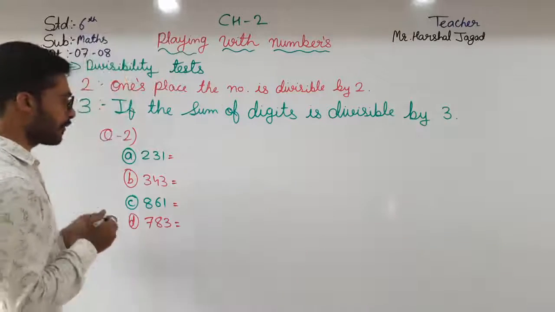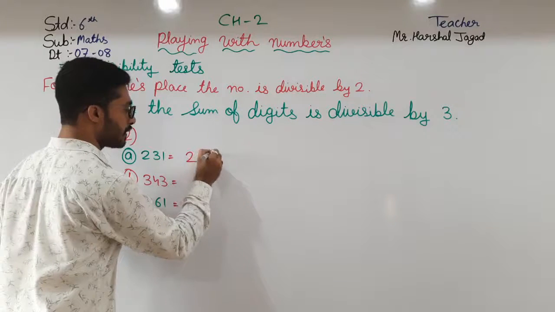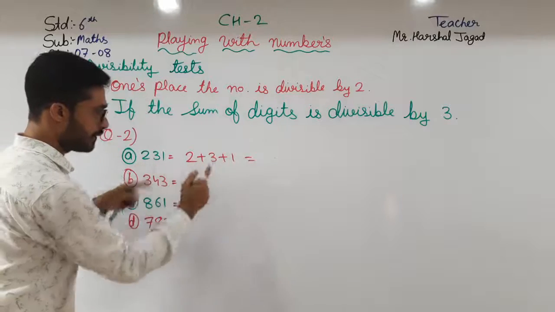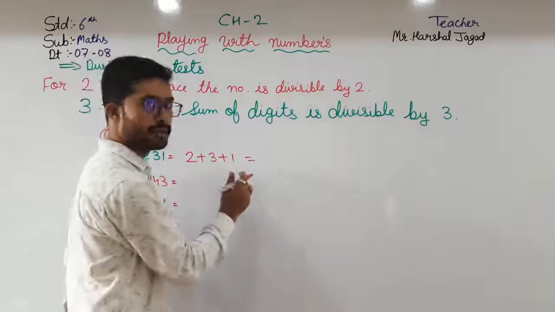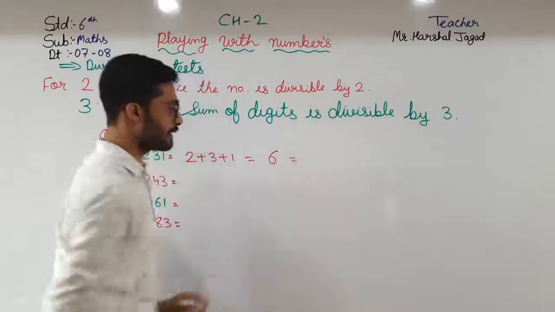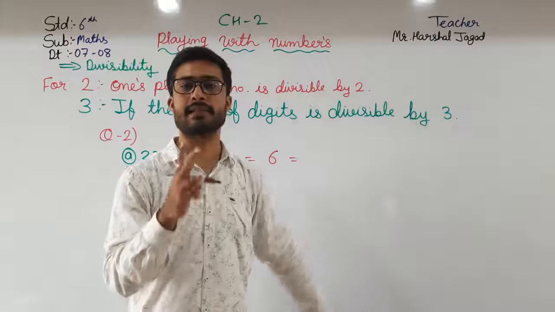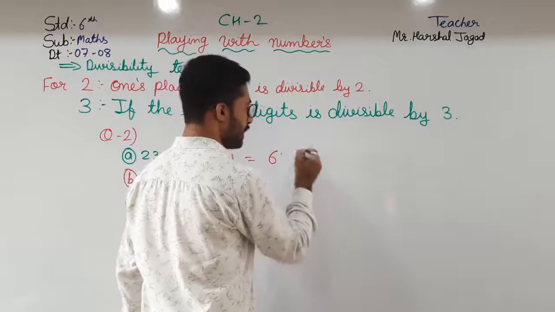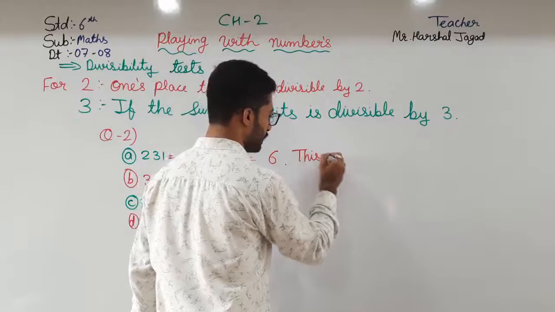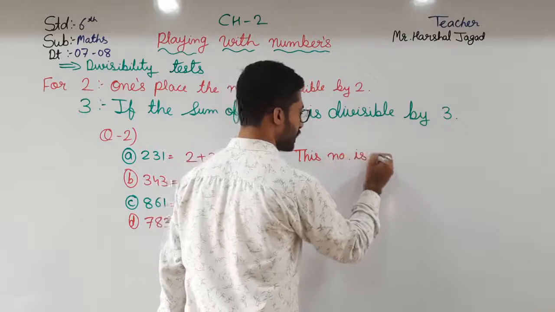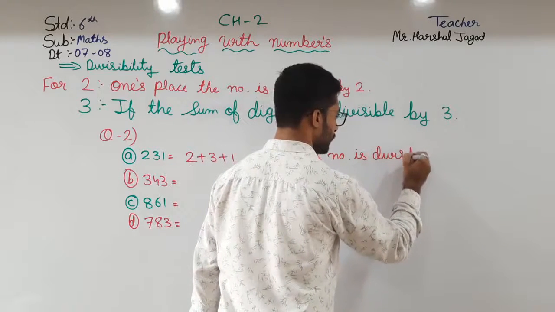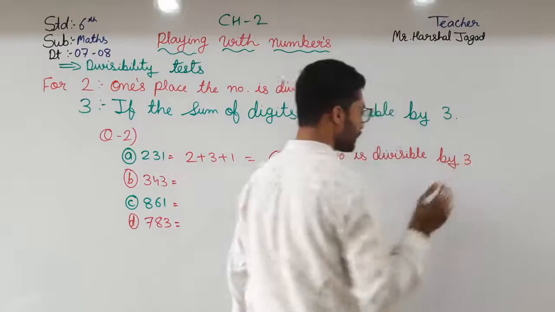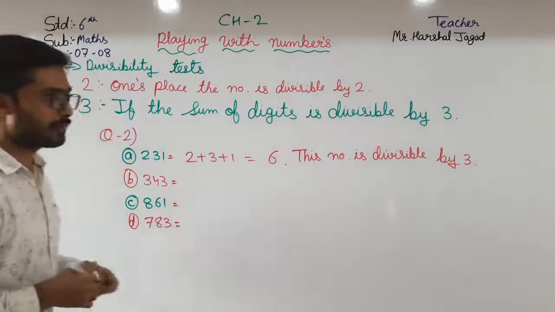First we have to add the digits, 2 plus 3 plus 1. 3 plus 2 is 5, 5 plus 1 is 6. 6 is divisible by 3, that is 3 2s are 6. So this number is divisible by 3.